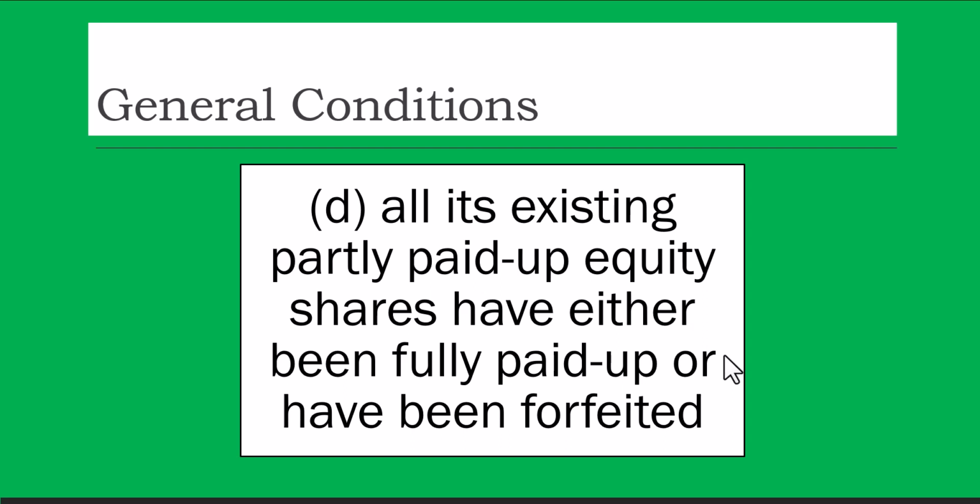If they still have to take some money from the shareholders, they should take that money before they go for a public issue. And if they don't take it, then their shares should be forfeited. So that's the criteria: all existing partly paid up equity shares have been either fully paid up or have been forfeited. So this is one of the conditions.